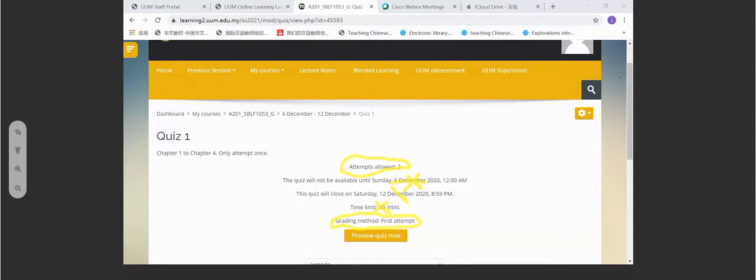We give a second attempt for people whose internet is broken or the website crashed when they finish online learning. Then make sure you do your second attempt. But if you already submitted successfully the first time, you already have a mark, a record, so never do a second attempt.